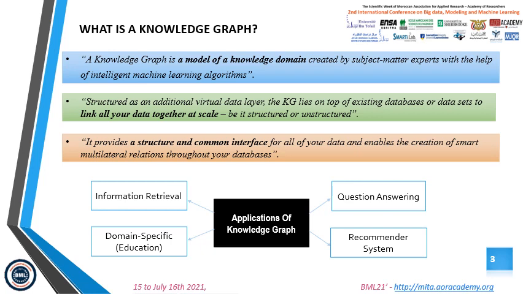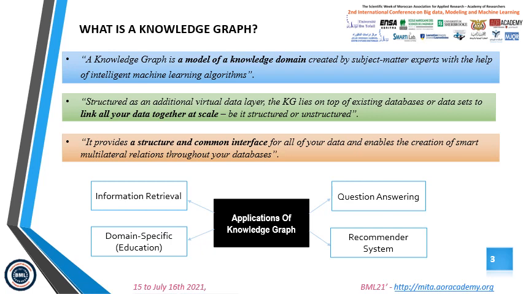The knowledge graph lies on top of existing datasets or databases to link all data together at scale, be it structured or unstructured. And finally, from the data engineering perspective, it provides structure and a common interface for all of the data and enables the creation of smart multilateral relations throughout the databases.